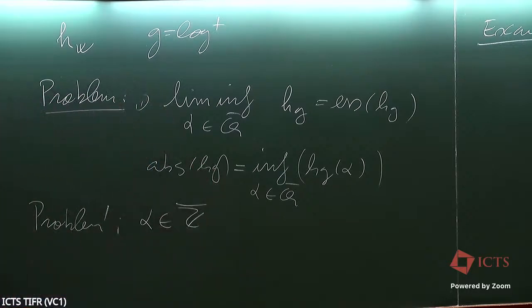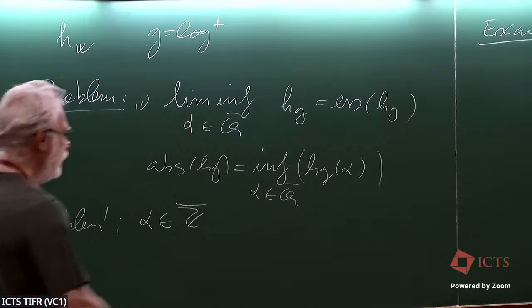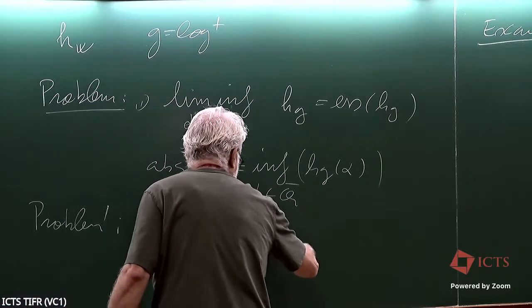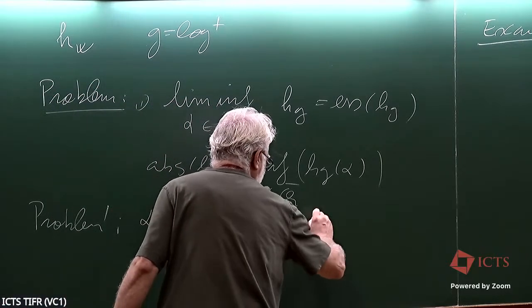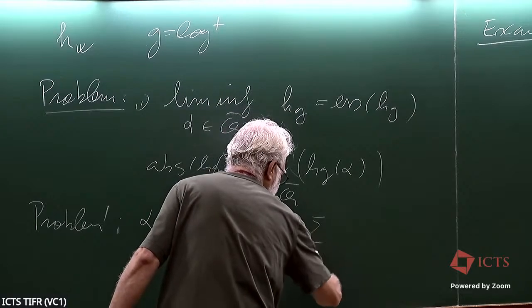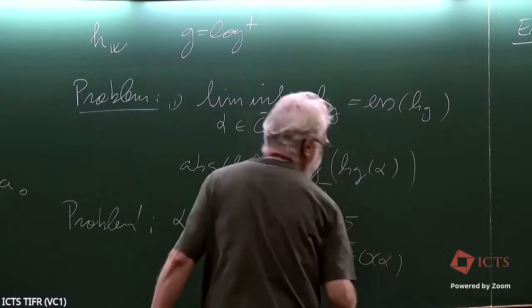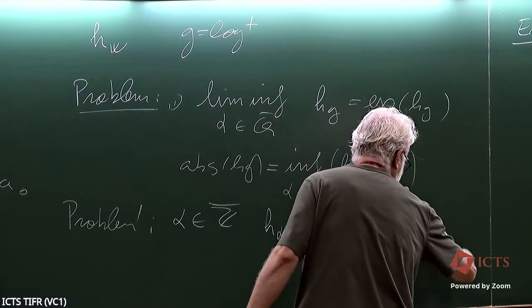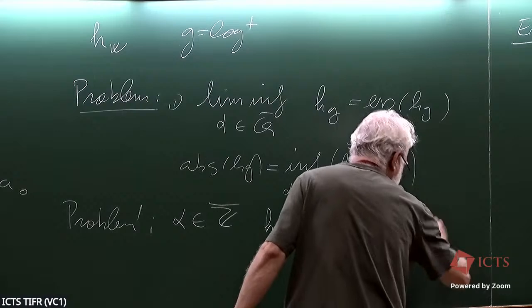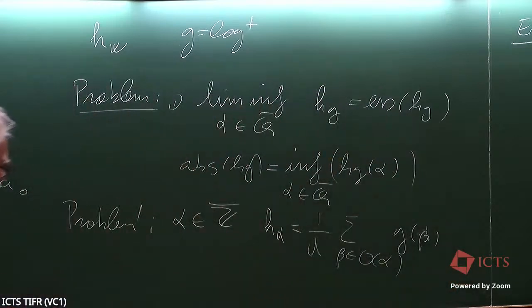So if alpha belongs to Z bar, to the set of algebraic integers, then h of alpha is just 1 over d, and then the sum for beta inside, let's call it the orbit of alpha, of g of beta. So it's the average value of the function g on the conjugates of alpha.